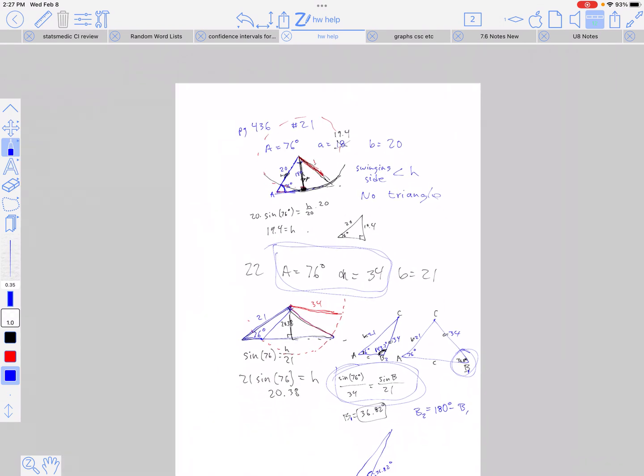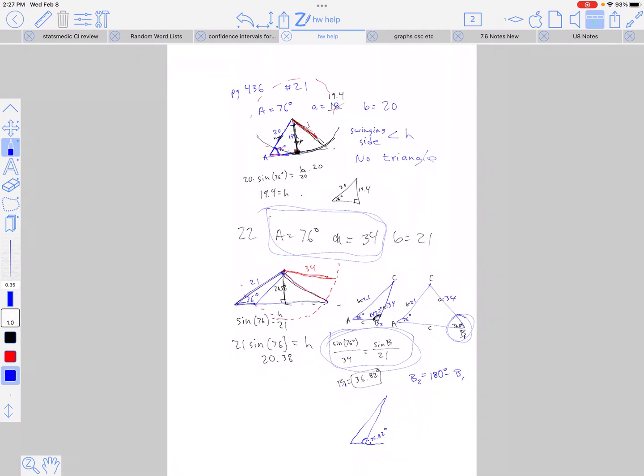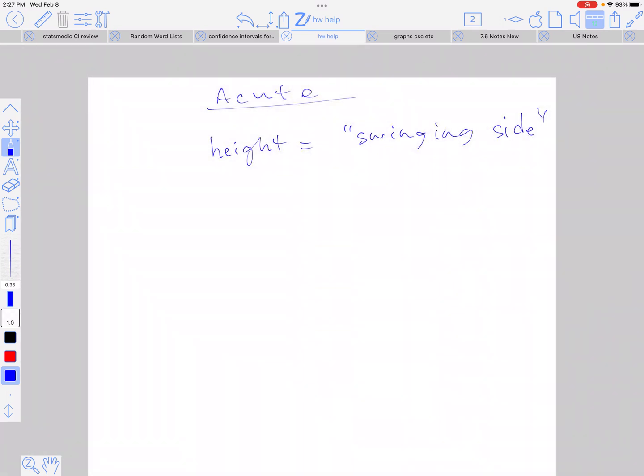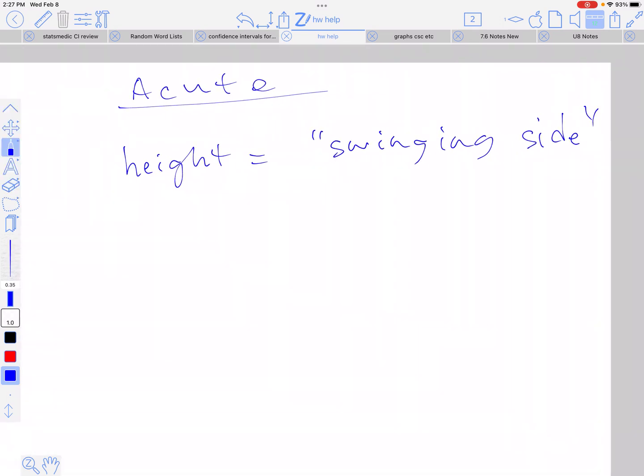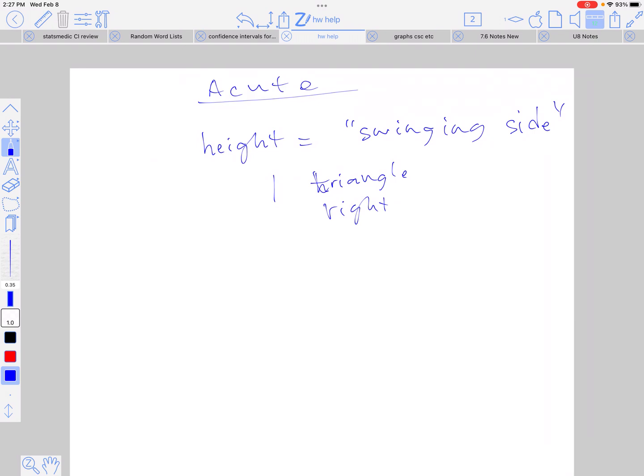Your swinging side is going to be the lowercase letter to the uppercase angle that you're given, okay? So the swinging side, if it's equal to the height, you'll have one triangle, and it will be a right triangle. So one right triangle, that'll be easy to solve, okay?